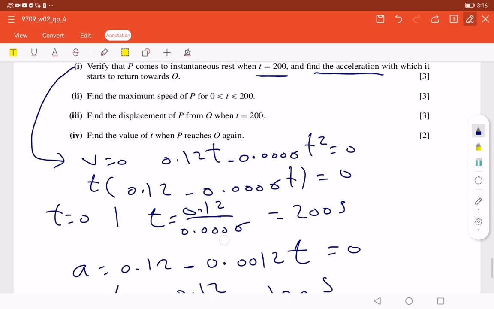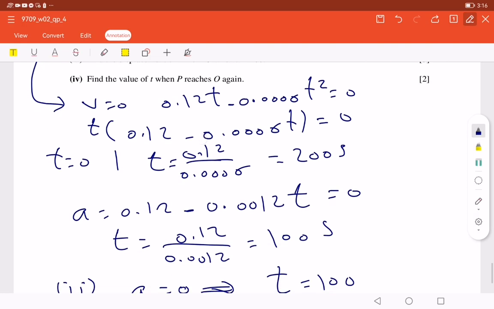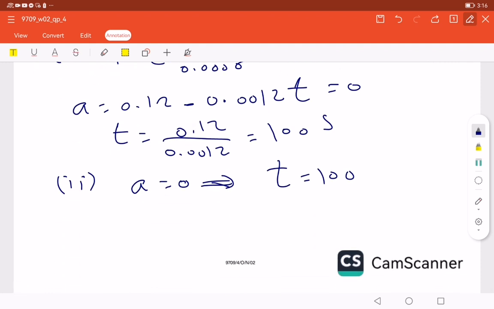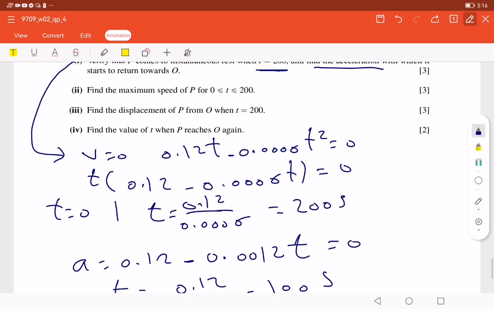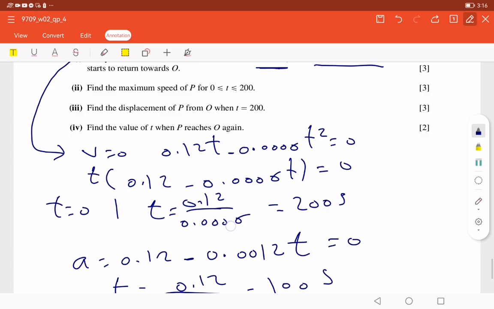Part iii: the displacement of P from O when t equals 200. We need to find the displacement of P from O when t equals 200.